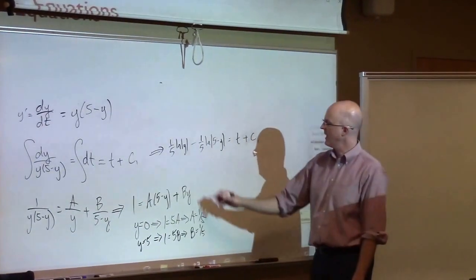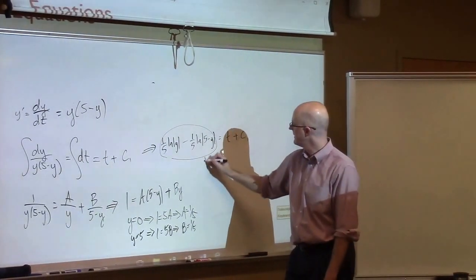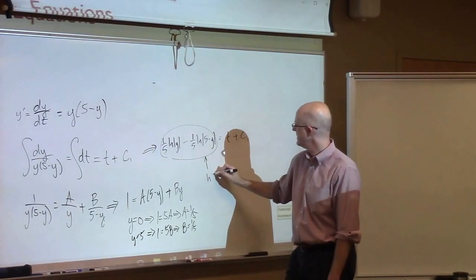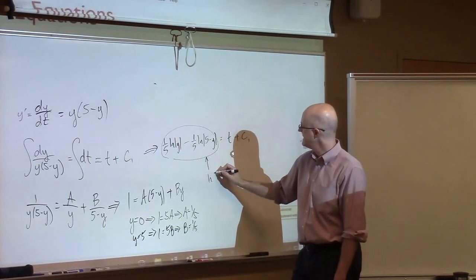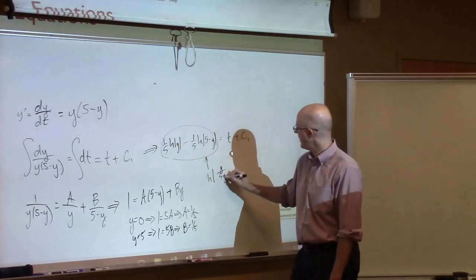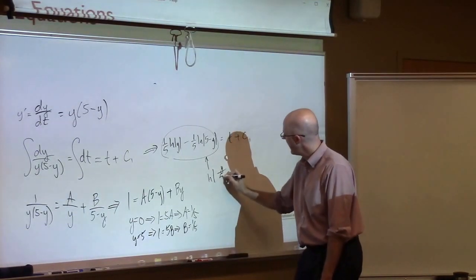Use properties of logarithms to combine these into one logarithm. This is the same as natural log of, well, you can put absolute value signs around the whole thing if you like, y over 5 minus y, or 5 minus y up to the 1/5 power.